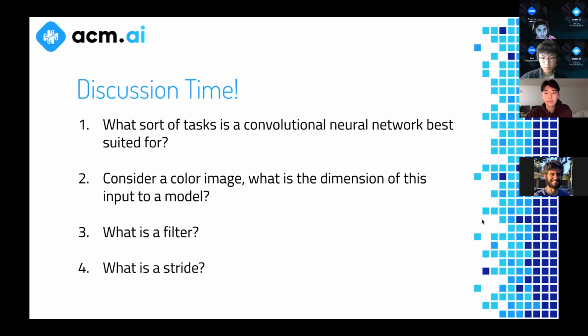It's the red, the green, and the blue. Awesome. So the RGB values for our color image. Great answer. So again, we want to make a point that when we're talking about a convolutional neural network, our input is not a 1D vector.